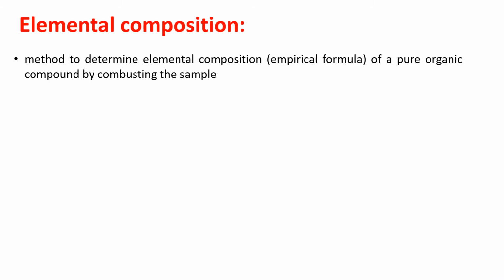Elemental composition can be determined by various methods, and this method to determine elemental composition, that is exactly the empirical formula of any organic molecule, is done by combusting the sample. Suppose you have a sample, you can determine its empirical formula by combustion analysis.